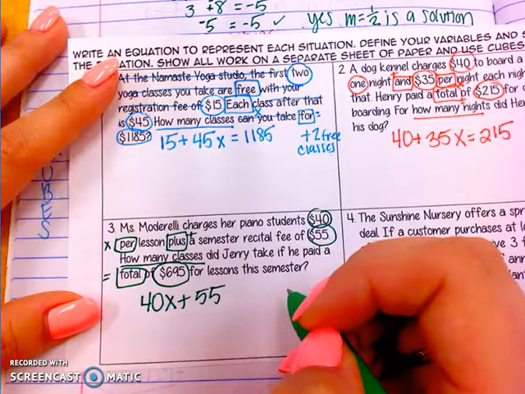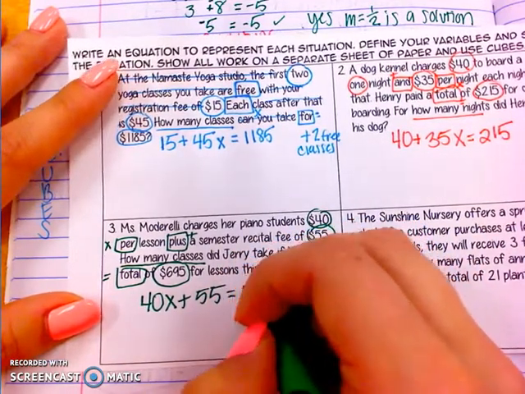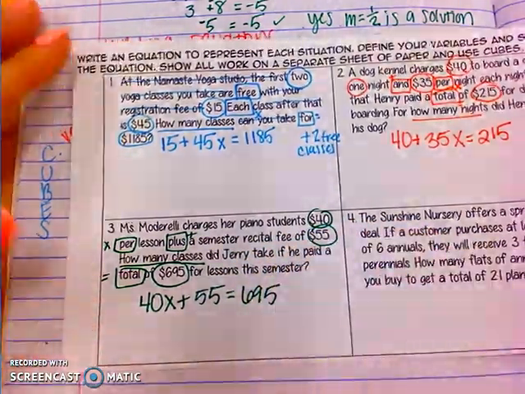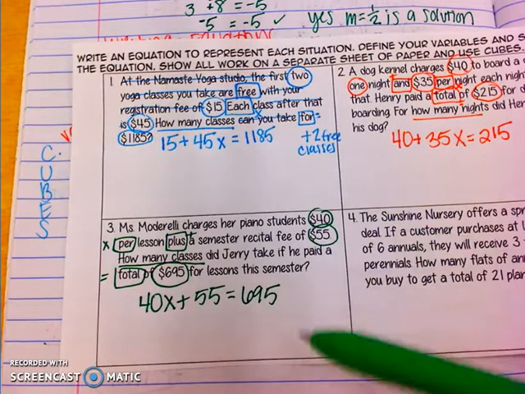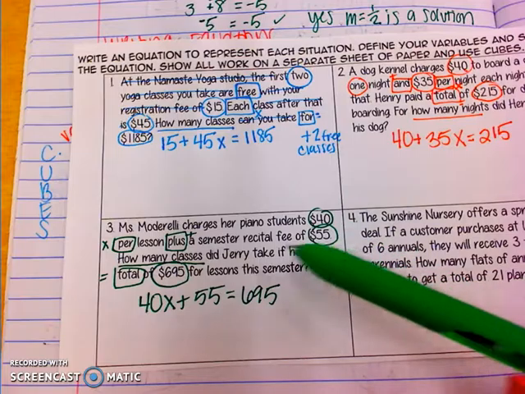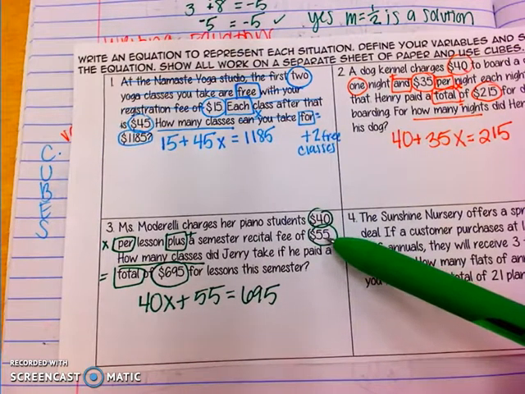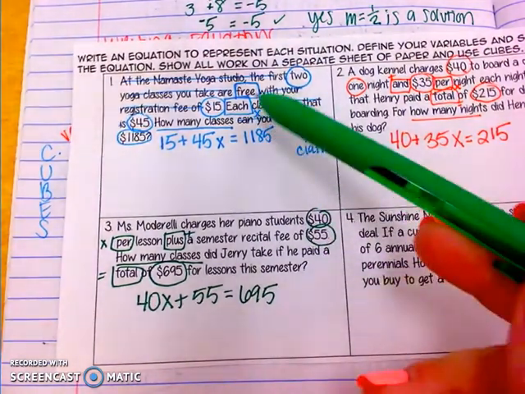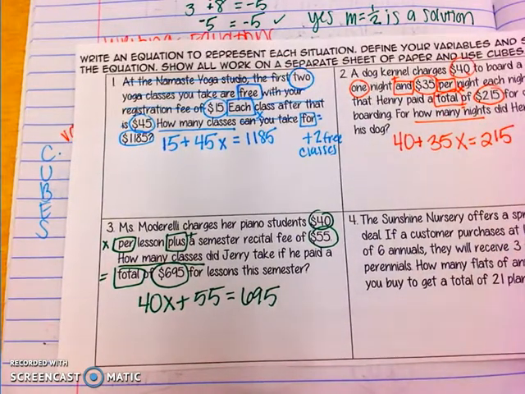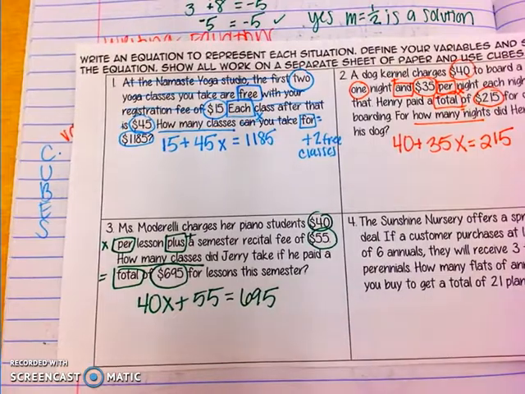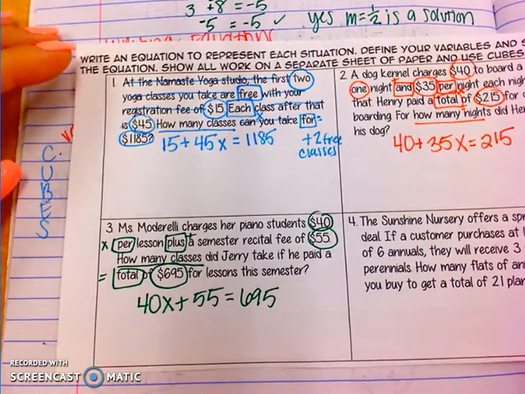And he paid a total of $695 for those lessons for the semester. Now remember, I'm not adding one because I didn't get a lesson free with that $55. Like I got something free here, and I got the one night in that 40. I did not get a free lesson here, so I'm not going to add if I'm going to solve it.